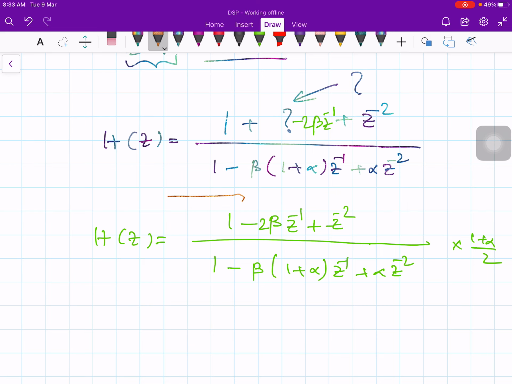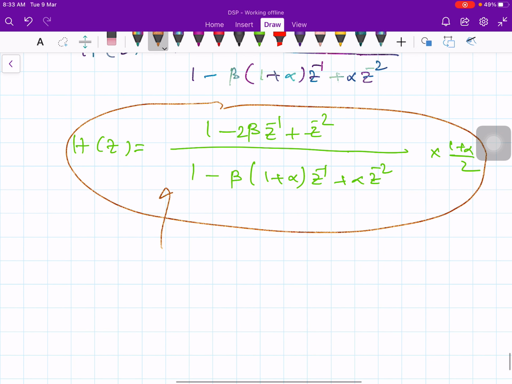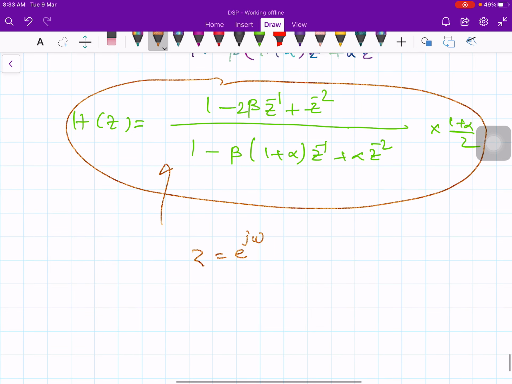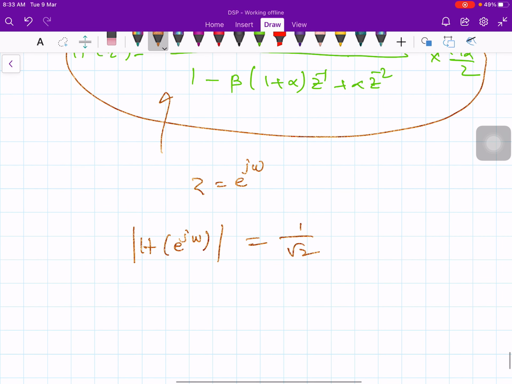Now this is the transfer function of the band stop filter, and this is not simply changing z to z inverse in the band pass function. It has to be worked out independently and derived ab initio. Now if you put z equal to e to the j omega, you get the frequency response function.